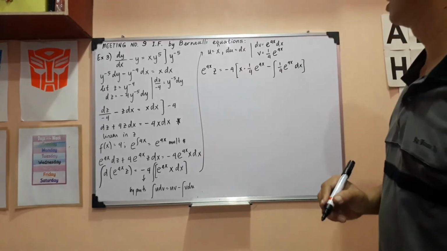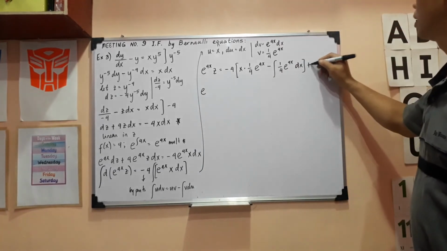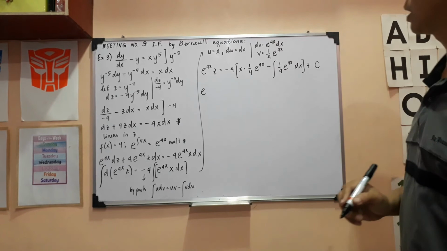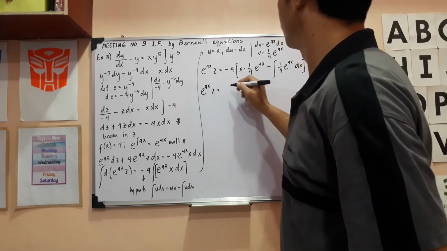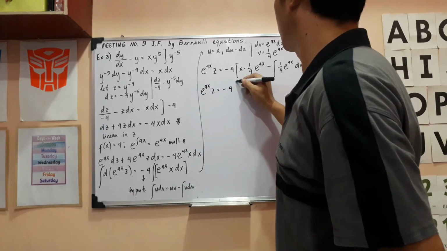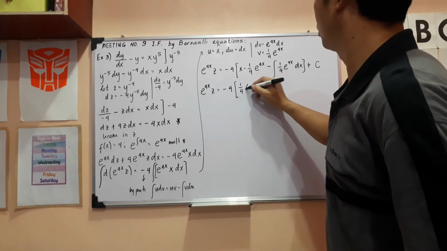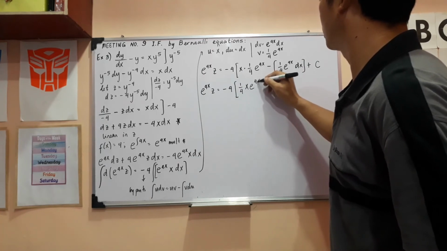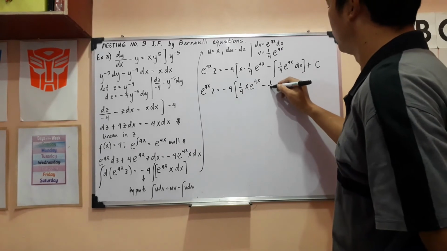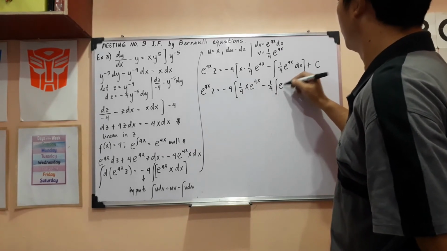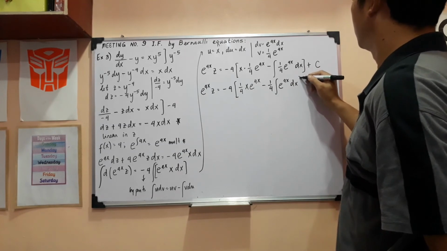Okay? So plus, wala namang ln dyan, constant tayo. E raised to 4x times z is equal to negative 4. Huwag muna natin i-multiply para hindi malito. We have 1/4 of x e raised to 4x, and then this is also by parts, minus 1/4 the integral of e raised to 4x dx.